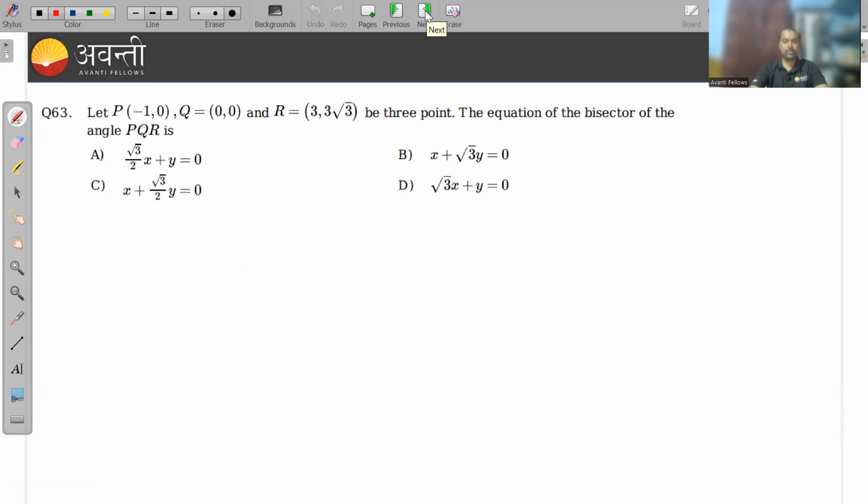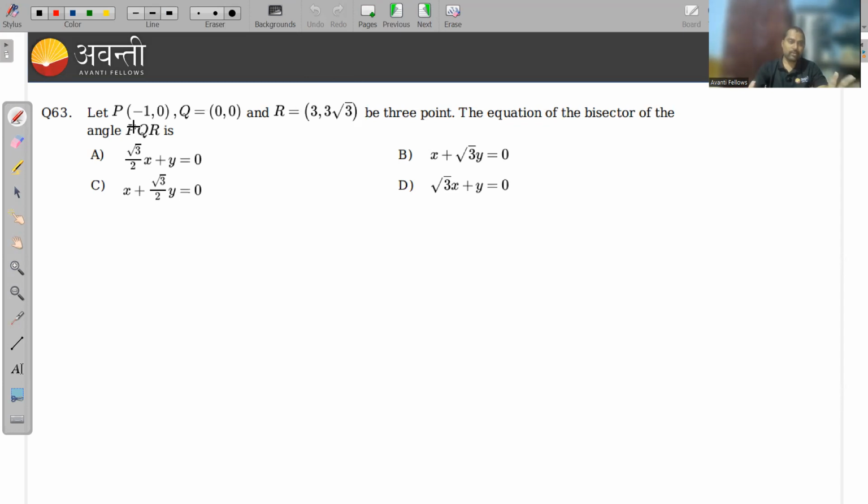Question number 62 is a question which is coming from determinants and matrices. You can solve that question easily, that's why I skipped that question. But question number 63 is a question coming from coordinate geometry, and we'll discuss the solution here.